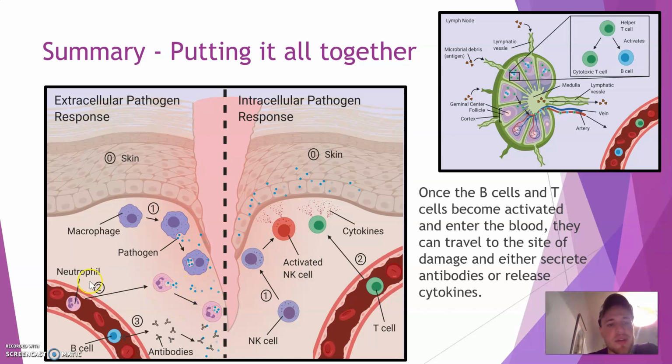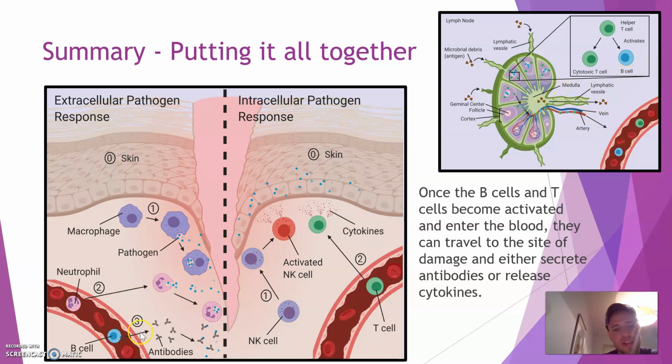Neutrophils and macrophages are going to release the digested pathogen into the lymphatic system, and that microbial debris flows into the lymph node and activates helper T cells. Helper T cells then signal through cytokines to activate B cells, and B cells will then migrate into the blood.